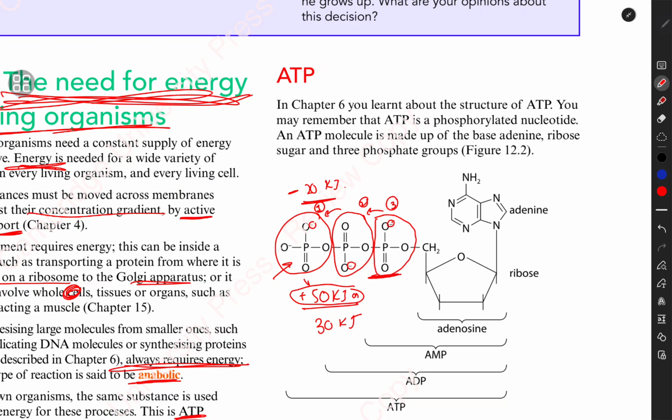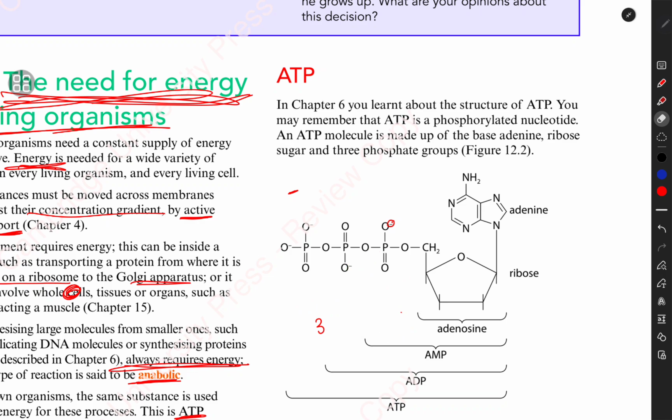In the second one, the same thing happens. We give this bond 20 kilojoules of energy, and as soon as the second one is removed, we get 50 kilojoules of energy back, a net of 30 kilojoules. But now we have removed all of these and we have just one phosphate.